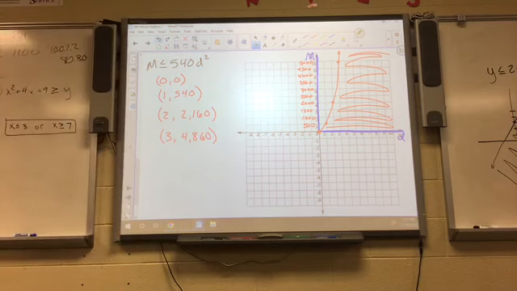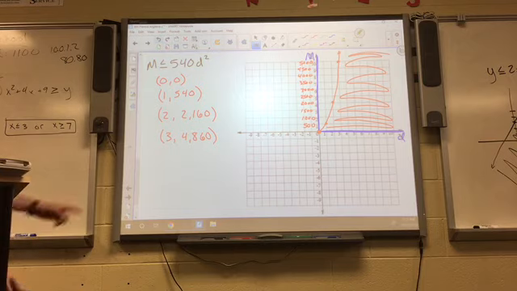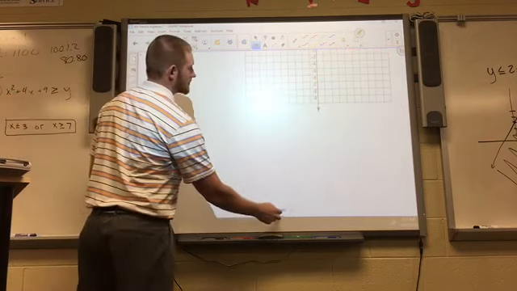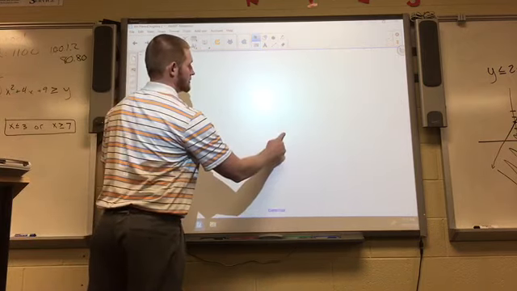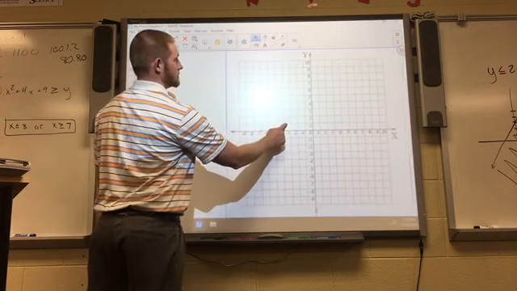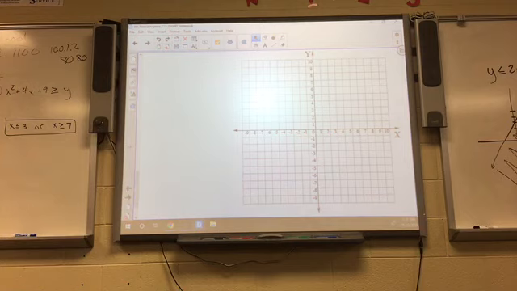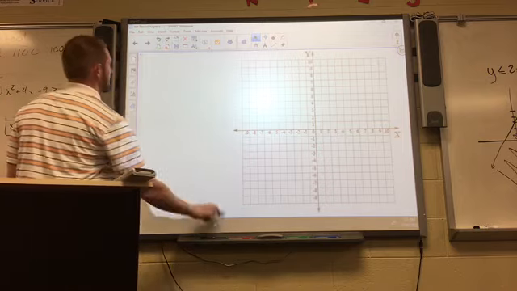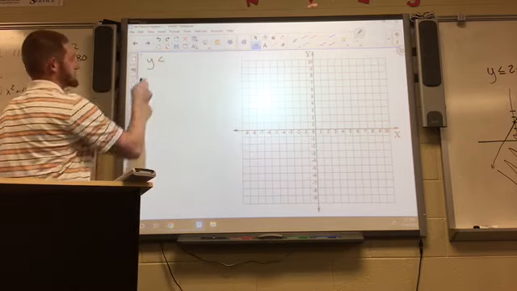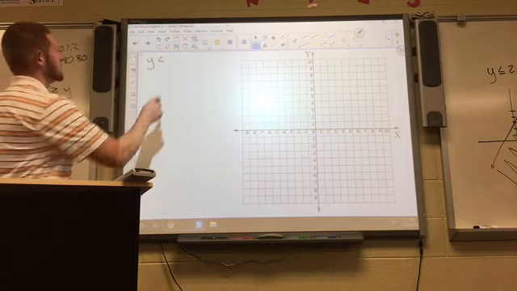Last example I have here, example 3. Okay, they give me 2 equations. So now we're graphing a system problem.